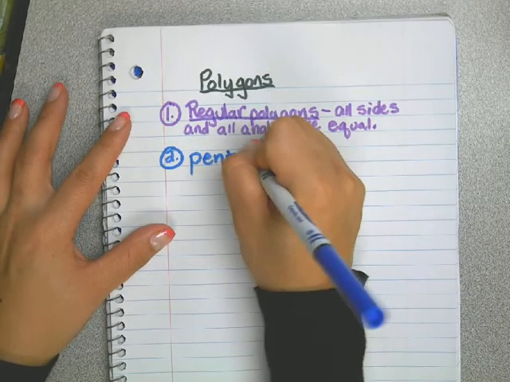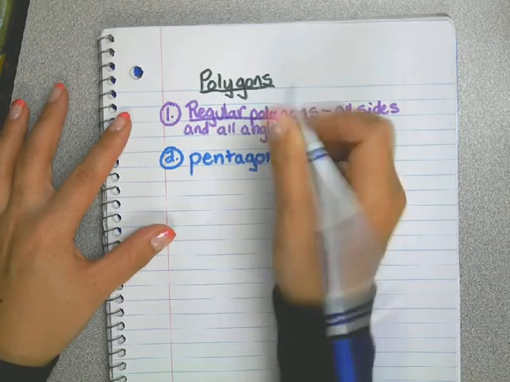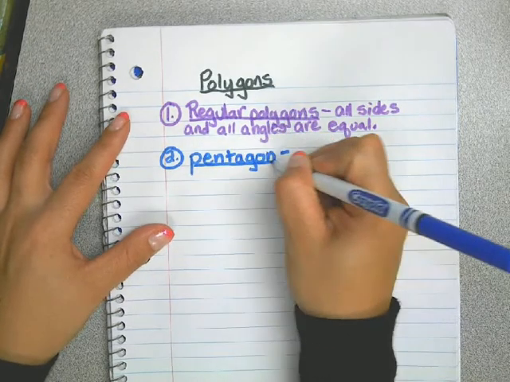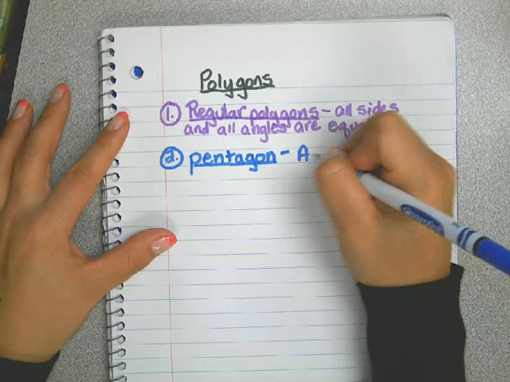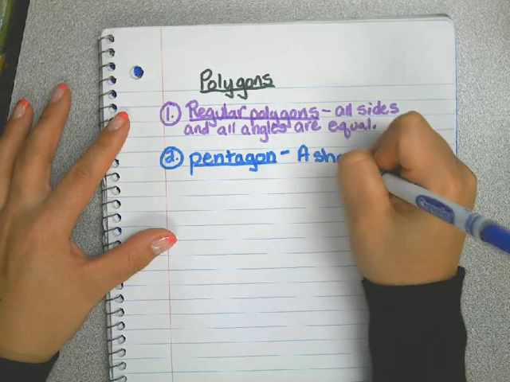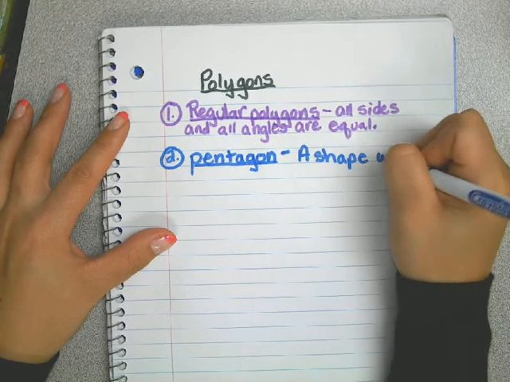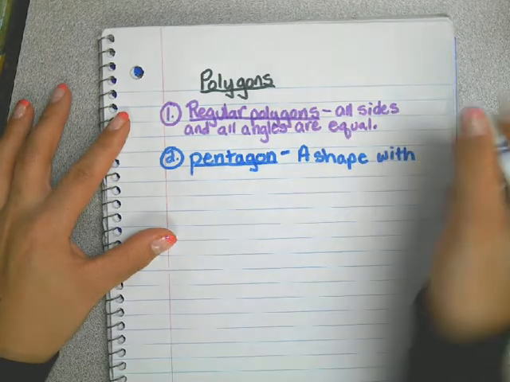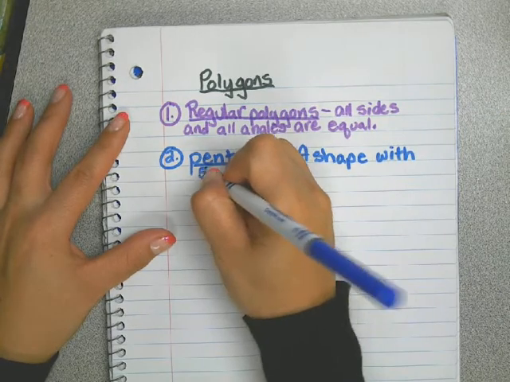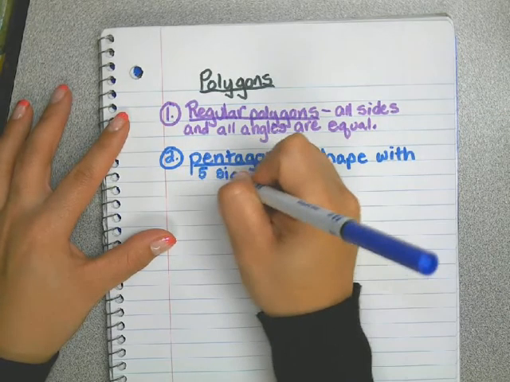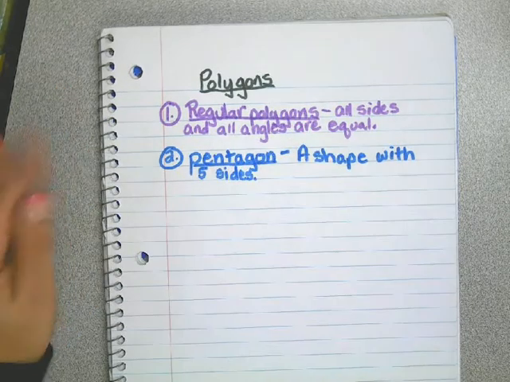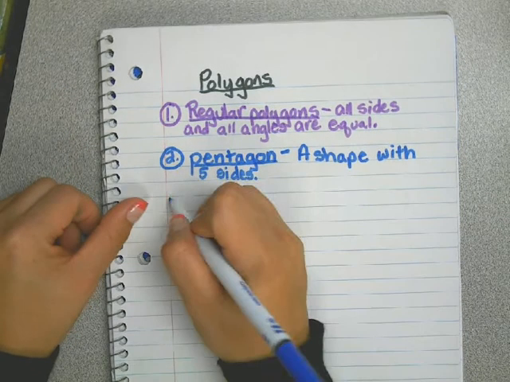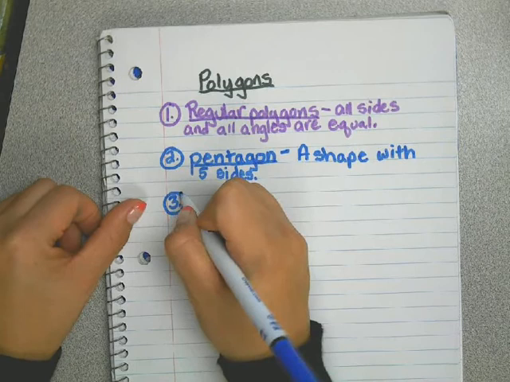What do we call a shape with 5 sides? Justin. Pentagon. So number 2, pentagon. A shape with 5 sides.